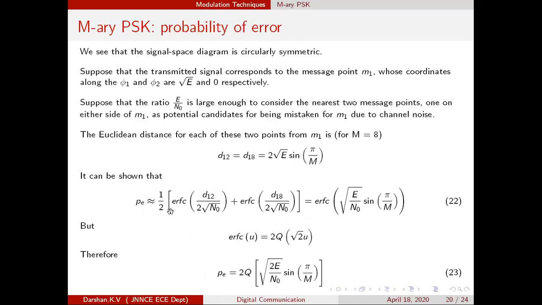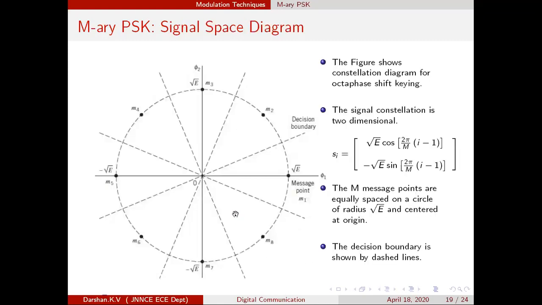Then how do we calculate the probability of error? The probability of error is calculated as follows. The probability of error, which is the probability of error when message signal M1 has been transmitted, is equal to the probability that the received signal may fall in the sector belonging to M2, plus the probability that the received signal may fall in the region belonging to M8, because the received signal can fall in this sector or in this sector.